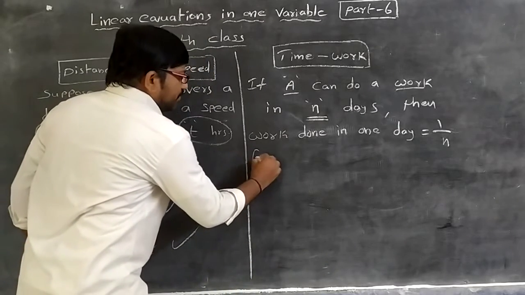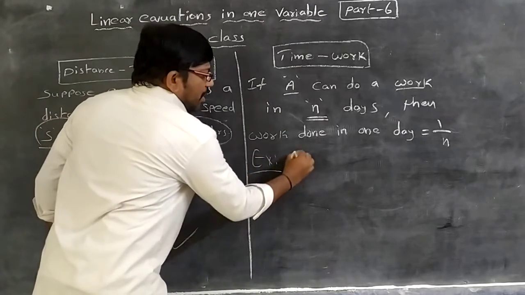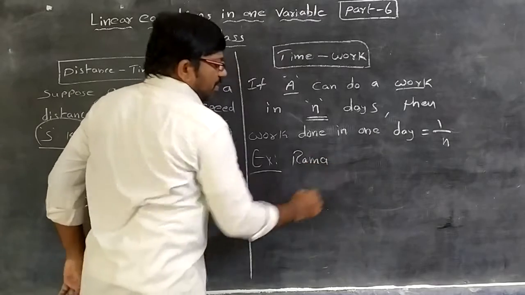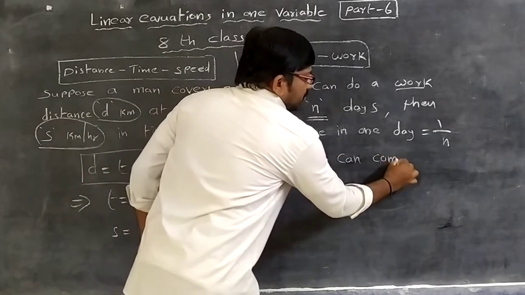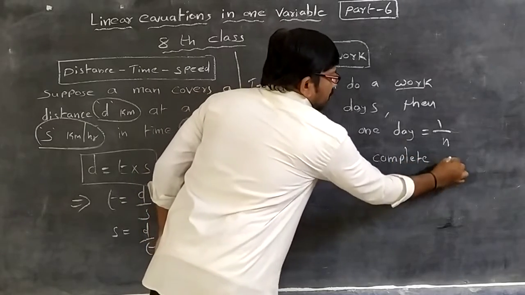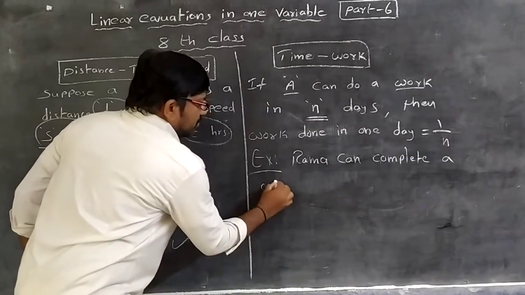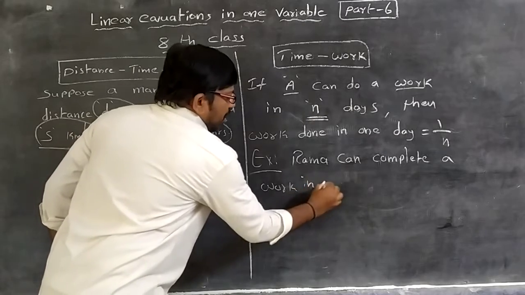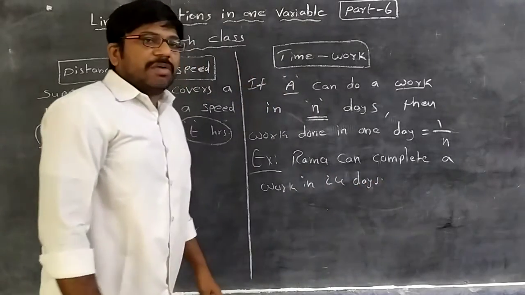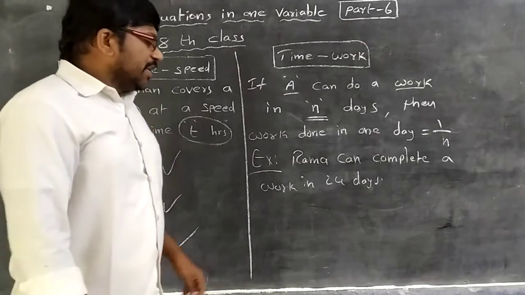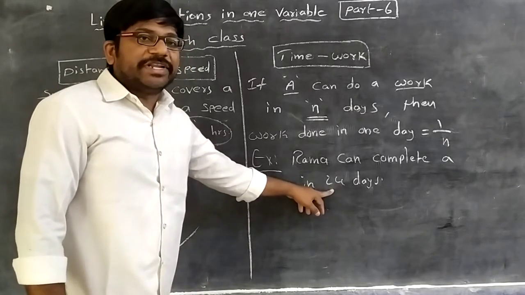For example, Rama can complete a work in 24 days, right? So Rama takes 24 days to complete the work.